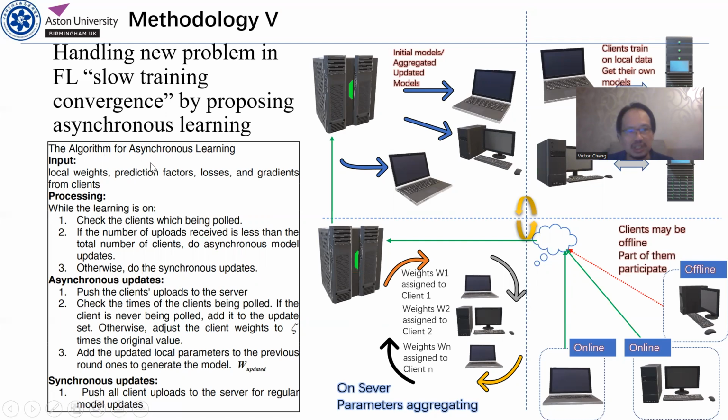In asynchronous learning, in this case, we have the local weights, prediction vector, losses, and gradient from the client. In the processing, the learning zone checks the client which is being polled. If the number of uploads received is less than the number of clients, then we do asynchronous model updates. Otherwise, we do a synchronous update. Why?